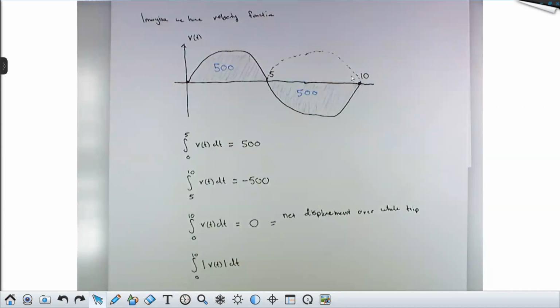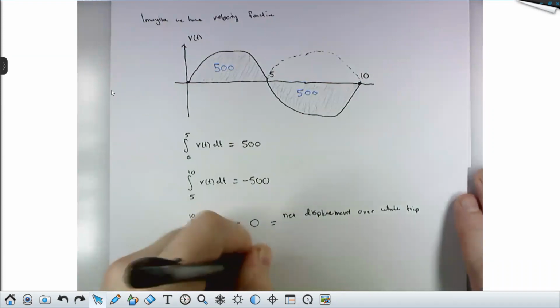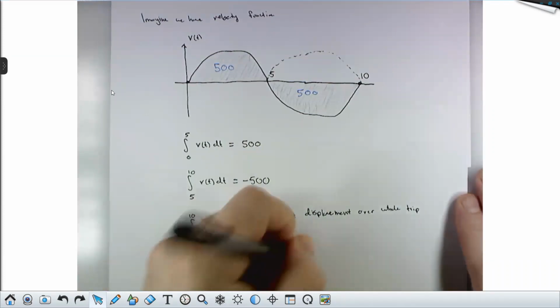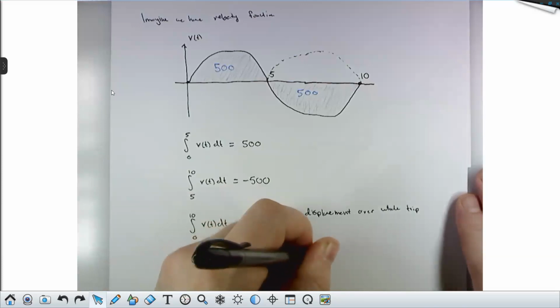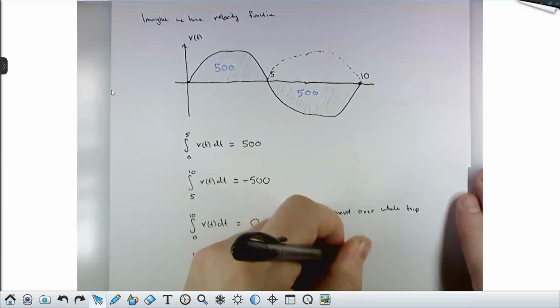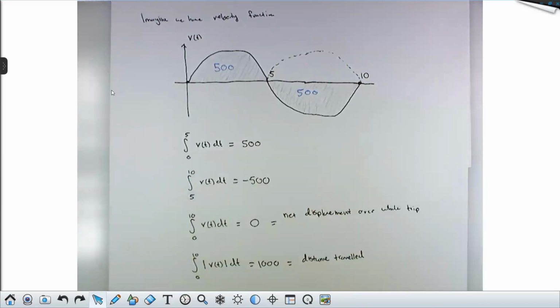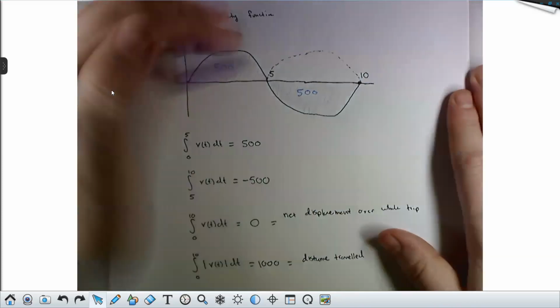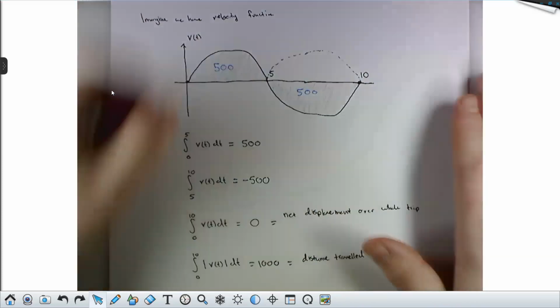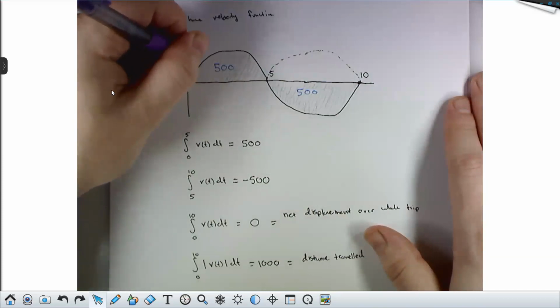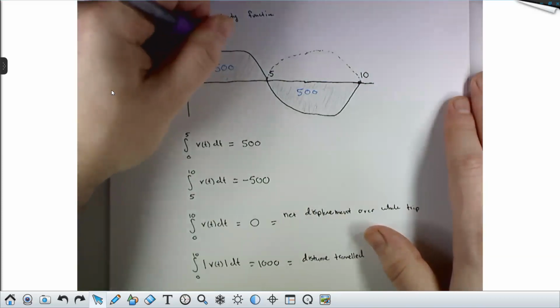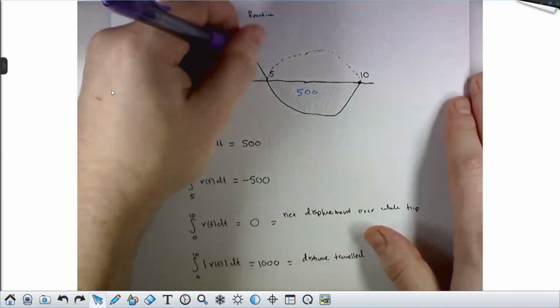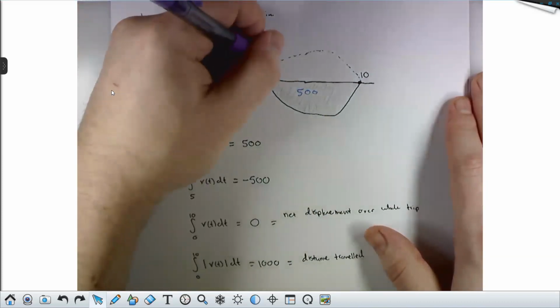So what's this one? 1,000. Yeah, this one's 1,000. And this is the distance traveled. So maybe I'll come in here in purple, and the black here is v of t, and the purple in here is the graph of the absolute value of v of t.